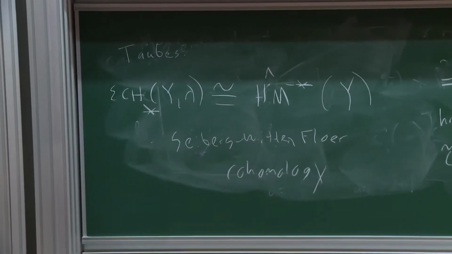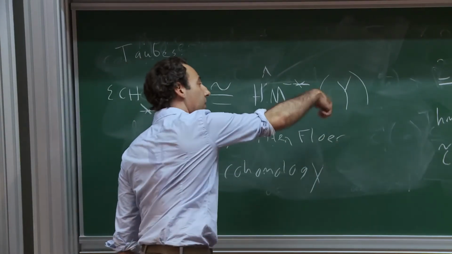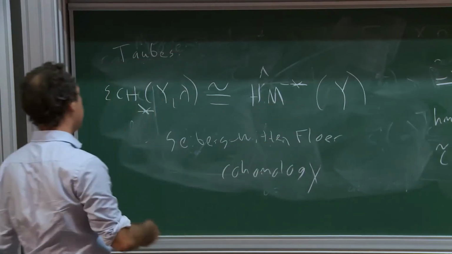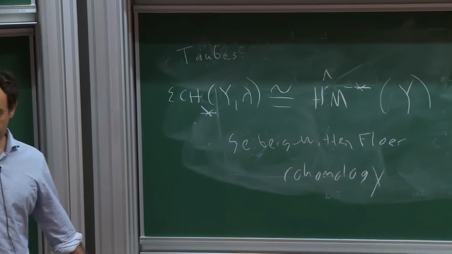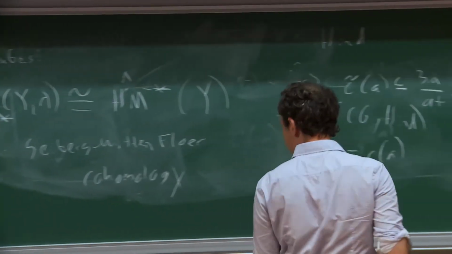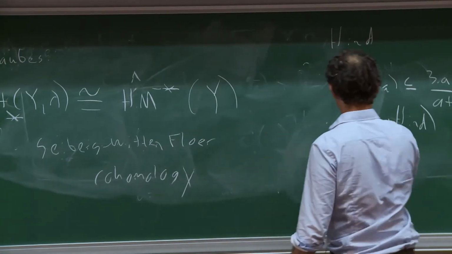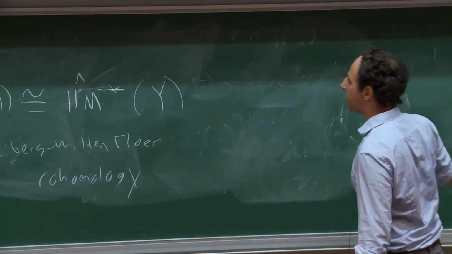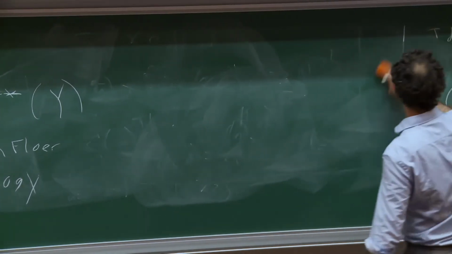So somehow embedded contact homology allows you to encode topological information about the three-manifold coming from gauge theory into information about the contact and symplectic geometry of the three-manifold and associated four-manifolds. So that's sort of the end of our crash course. But for our purposes, what we care about is that we can use this isomorphism to define cobordism maps.